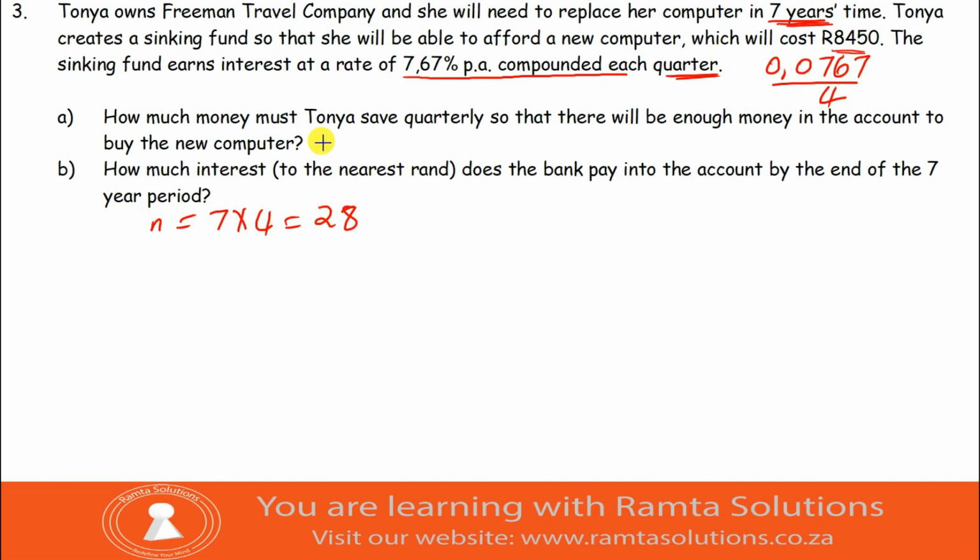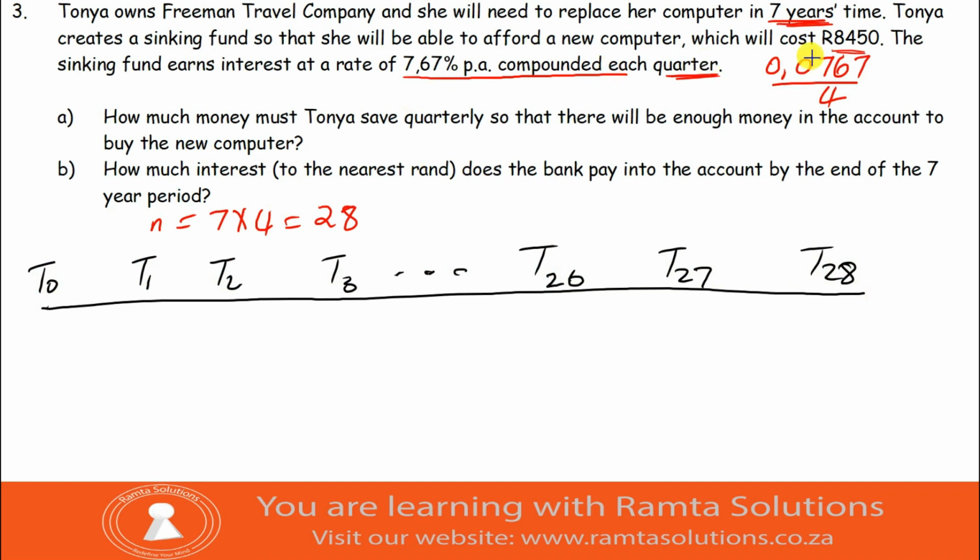Okay, so let's try to represent this information on a timeline. It'll be T0, T1, T2, T3, so on, let's say T26, T27, T28.